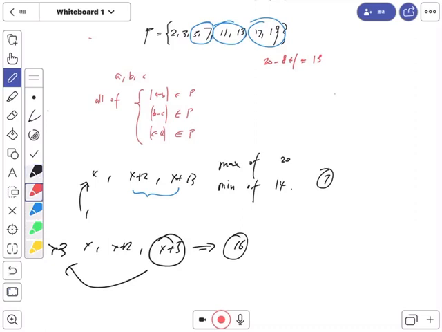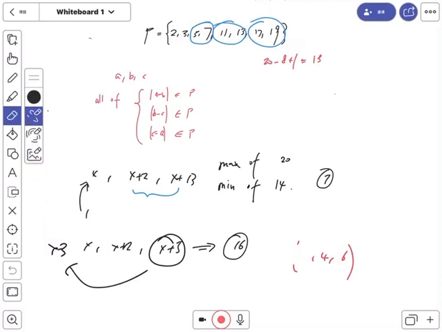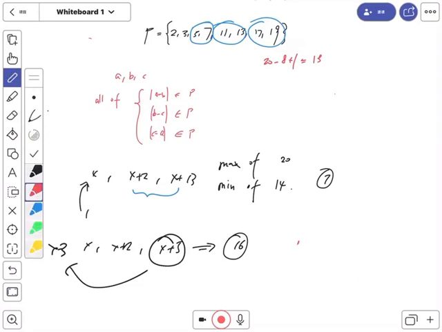So this will actually produce a new ordered triple of 1, 4, and 6. But this one's actually not included in the cases we have counted. We only counted 1, 3, and 6.